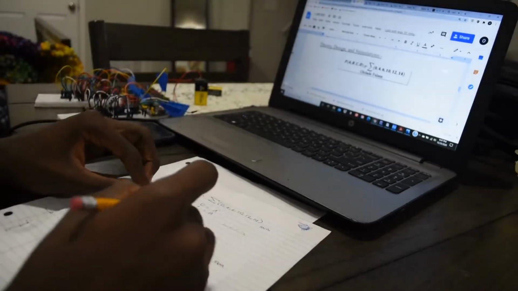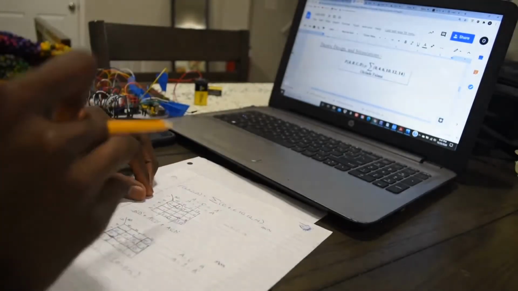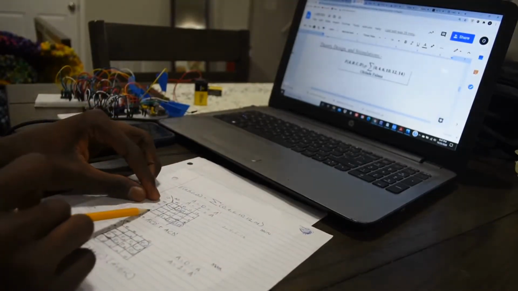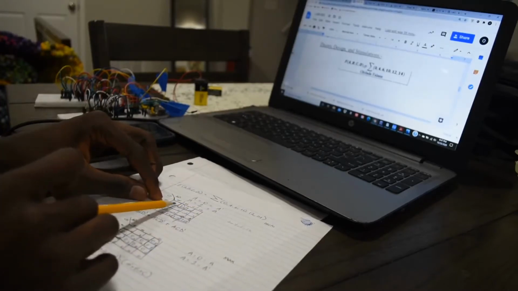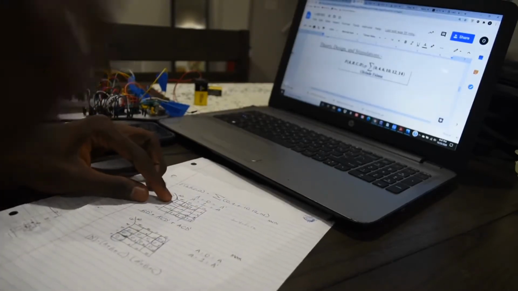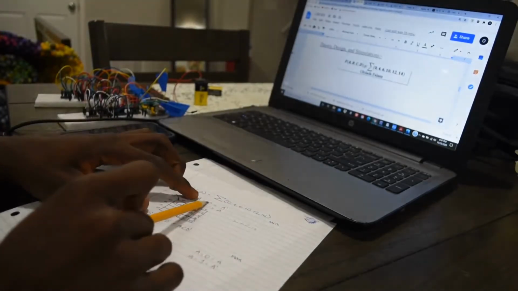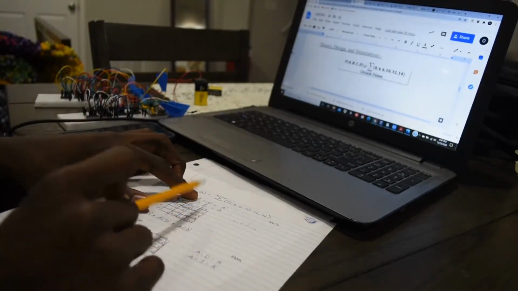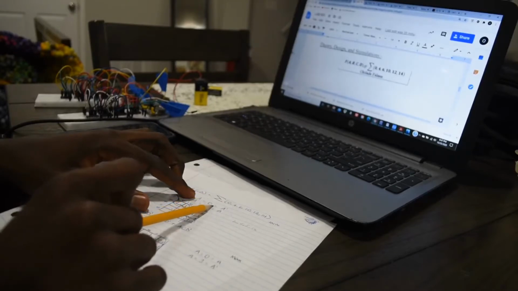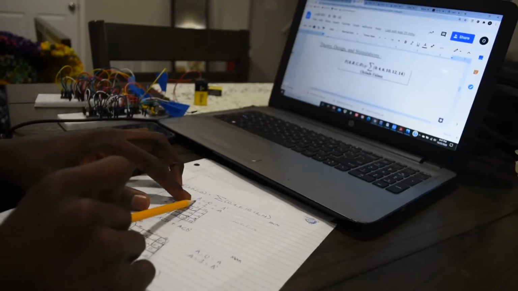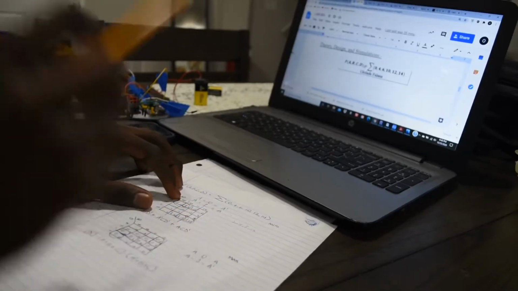So I drew my table. After drawing my table, I put in my inputs around it and labeled it. For the minterm, when A is equal to 0, it is A prime, and when A is equal to 1, it is A.